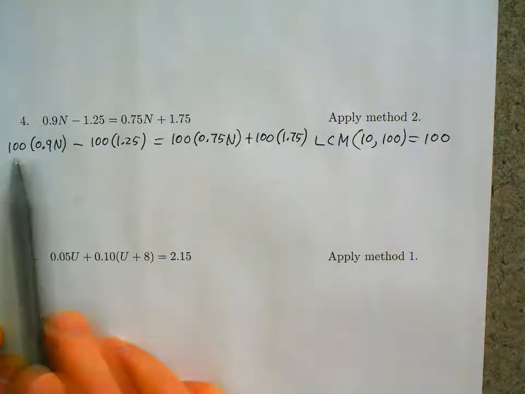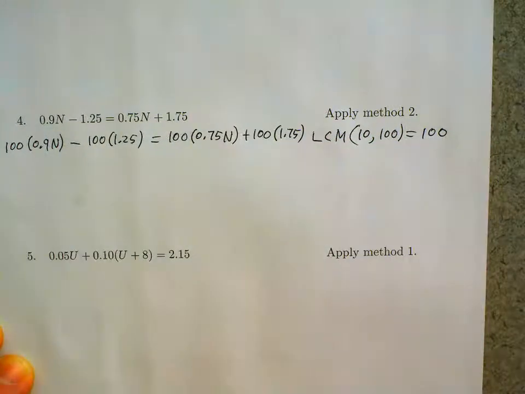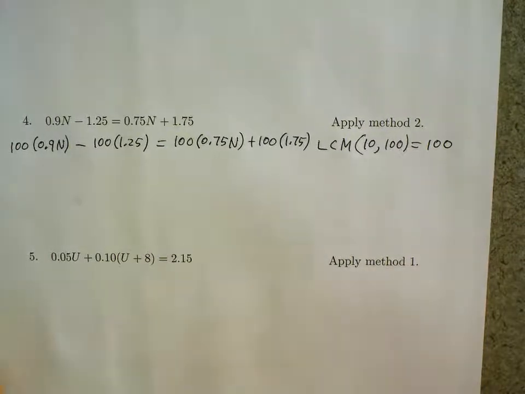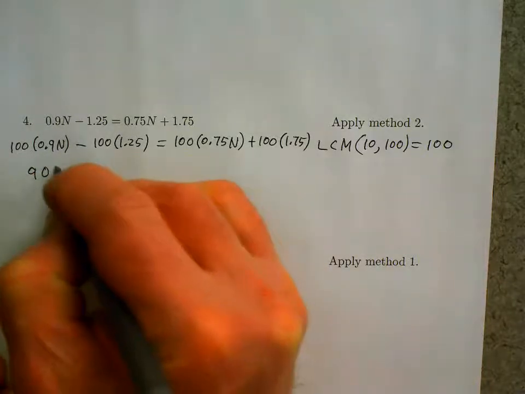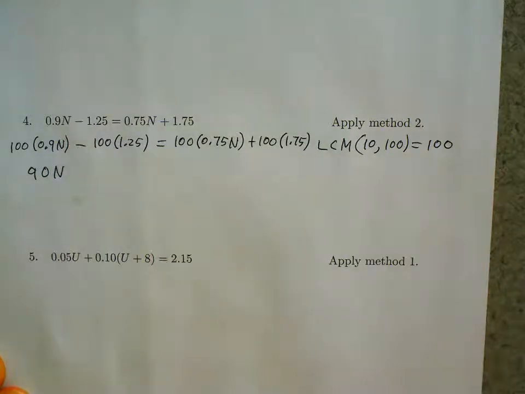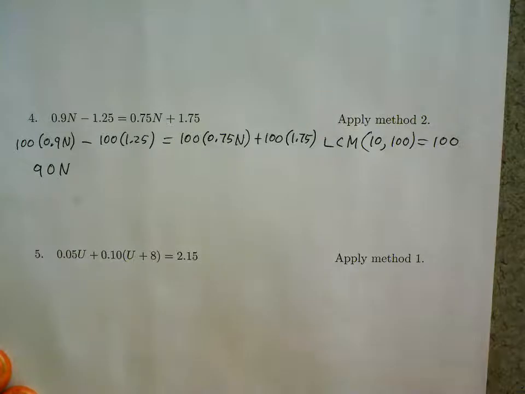So 100 times 0.9n is 90n, right? Correct. You see why that's true? Yes.